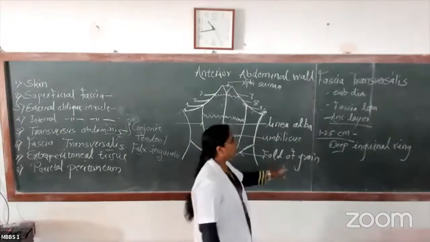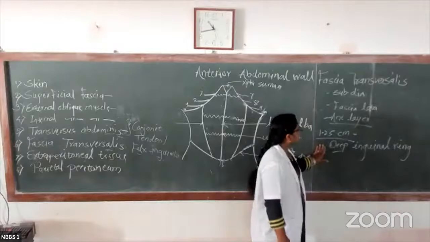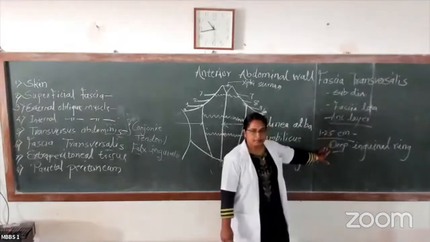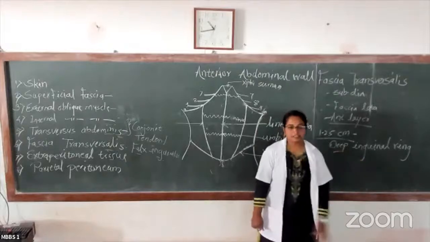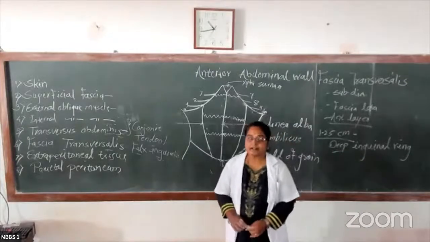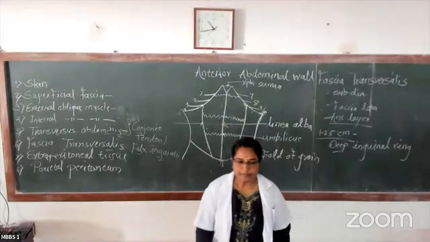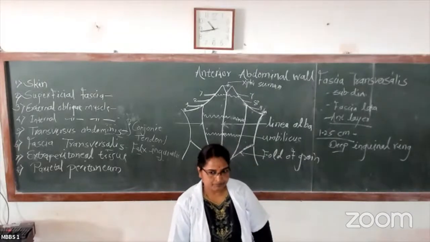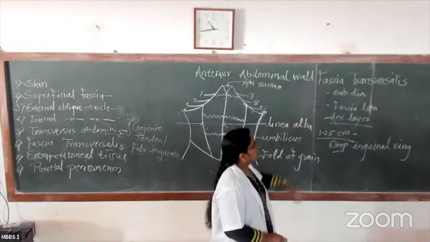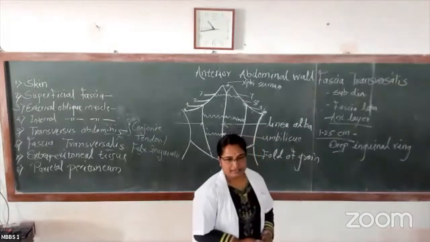So there is an oval opening present 1.25 centimeters above the mid-inguinal point, and through this deep inguinal ring, the spermatic cord in males and the round ligament in females pass. So this is about the fascia transversalis.